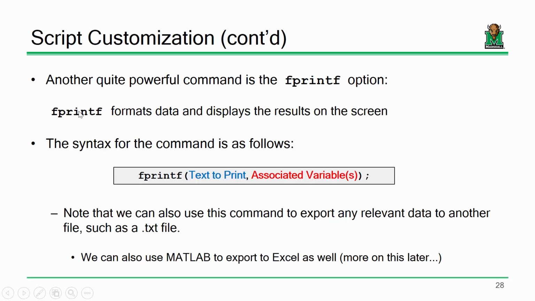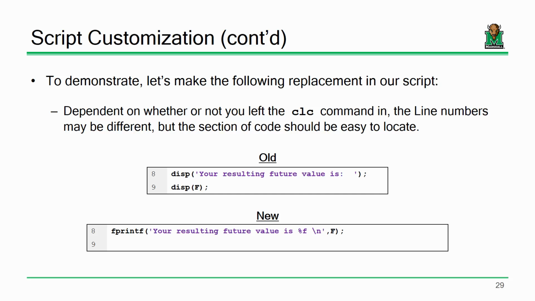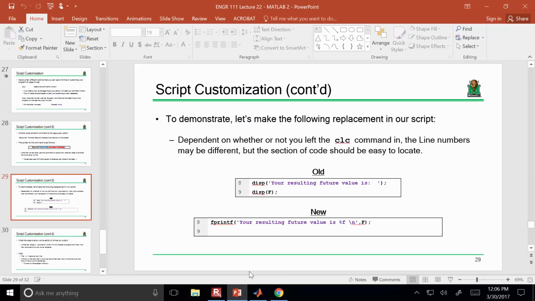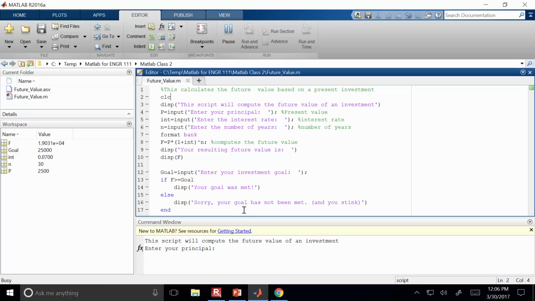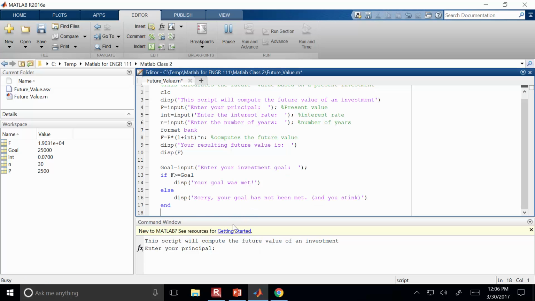Now, the fprintf is a way of formatting and printing the results of the data. It's kind of like if we wanted to do a summary at the end of our program. So here's what you could do: in the past we're having 2 lines of display. Your resulting future value is, and then displaying the f. You could combine those 2 things together. Rather than making that change, let's add as a line 18 and 19.